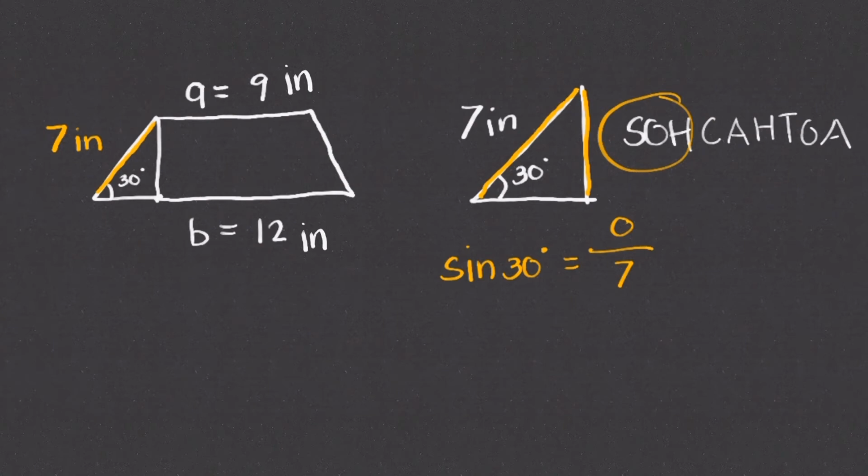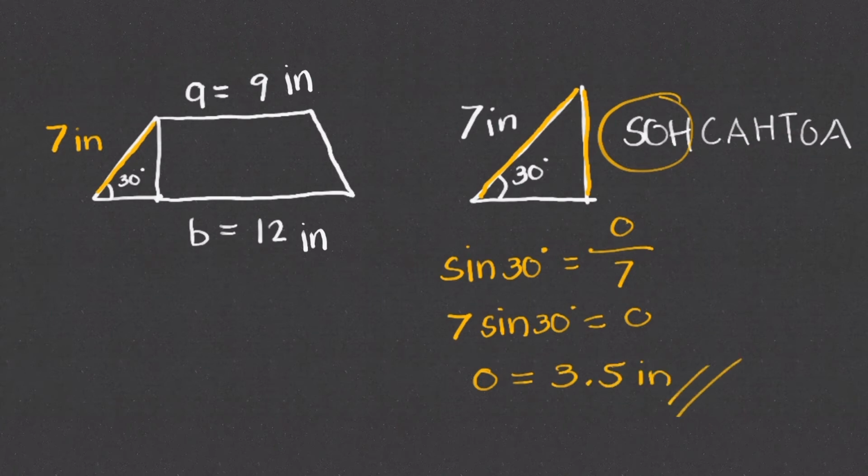Let's cross multiply the 7 to the sine 30. 7 sine 30 is equal to O. Therefore, the opposite, or the height of the trapezoid, is 3.5 inches. Since we already know the height of the trapezoid, now let's solve for the area.